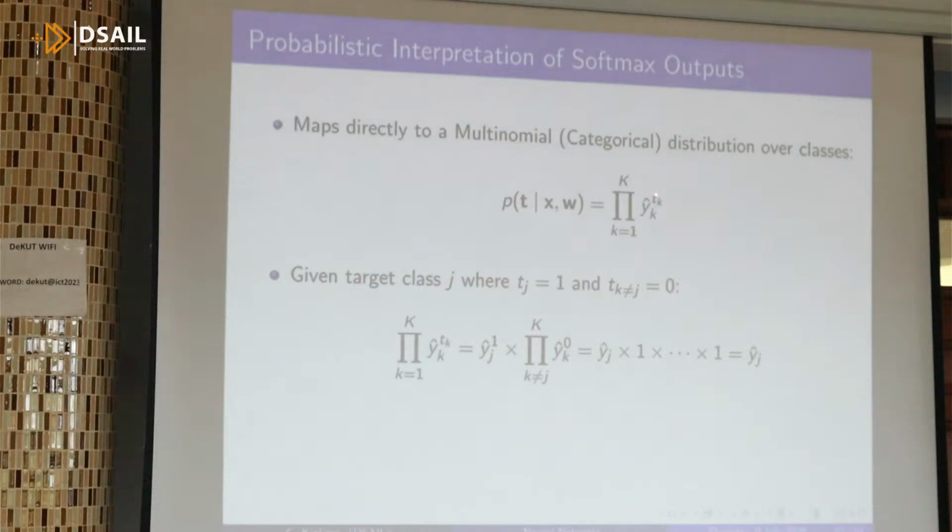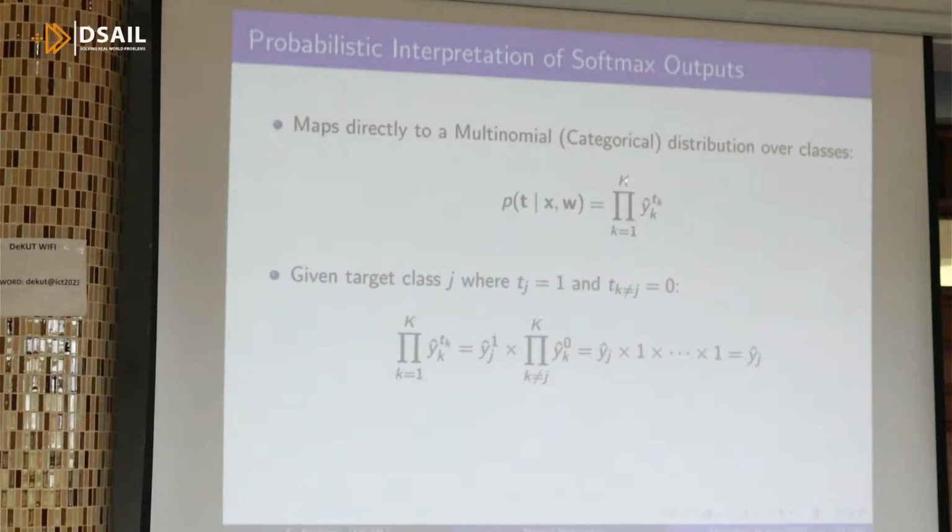So in this case, if you're performing this product from k equals 1 to k equals K, and you raise anything to the power 0, what happens? It's always 1, isn't it?